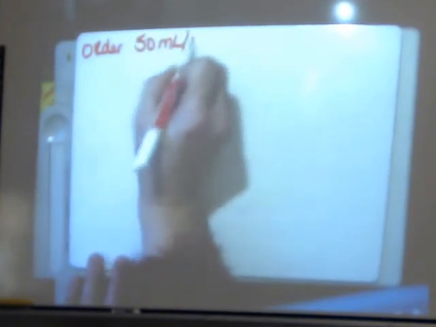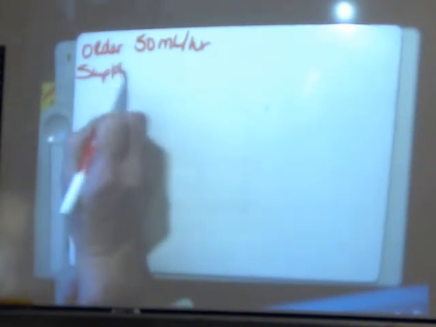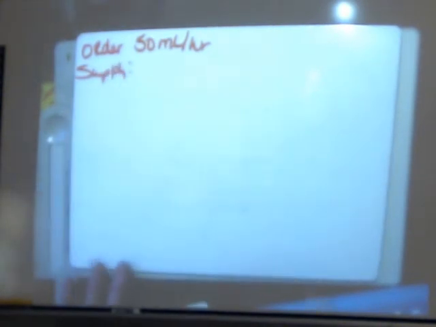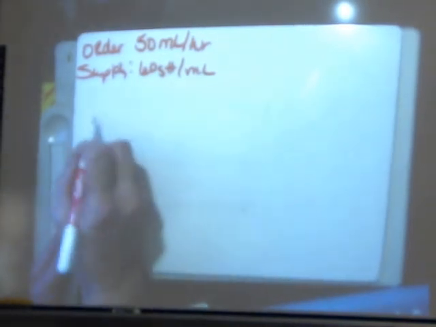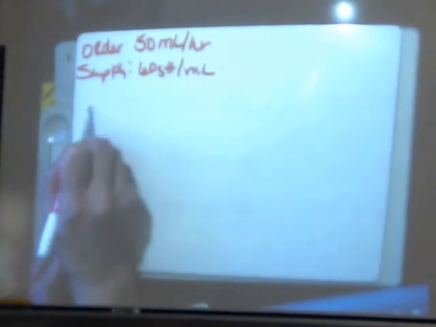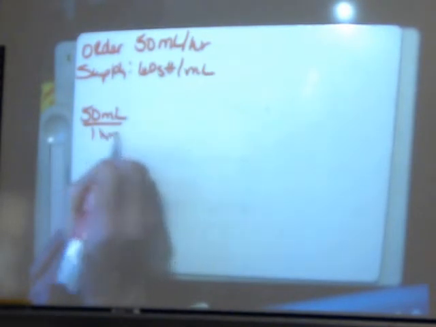is 50 milliliters per hour, right? And what they're telling us to do our supply would be our IV tubing to get drops per minute, and it is 60 drops per milliliter. Okay, so we're going to set that up just like all of our other problems. Our order goes first, 50 milliliters per 1 hour.